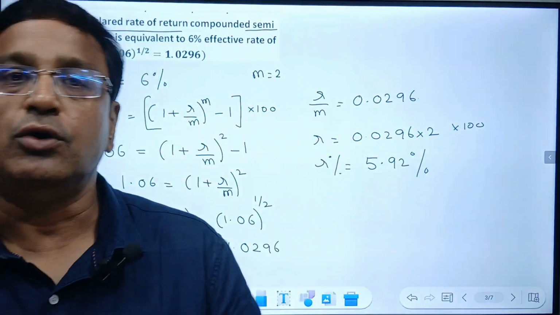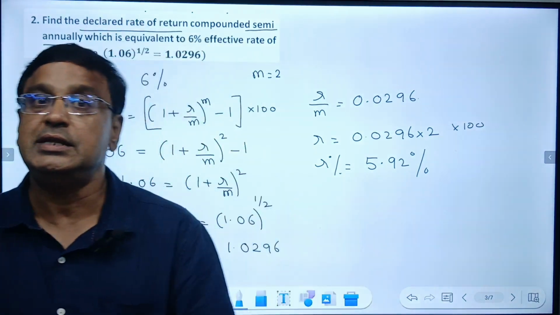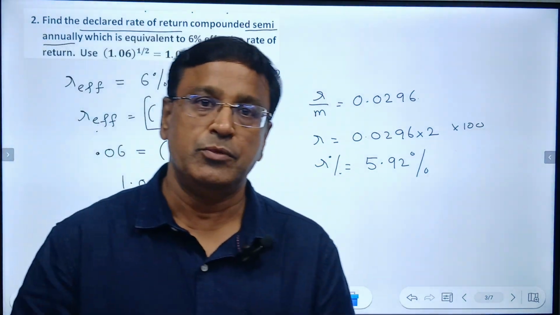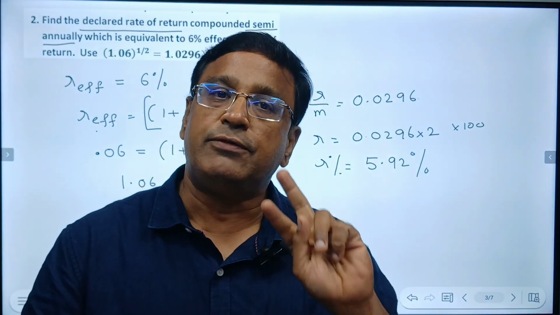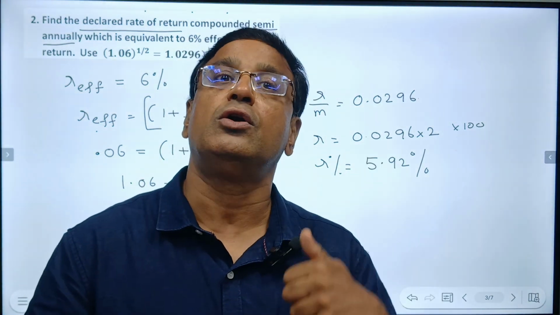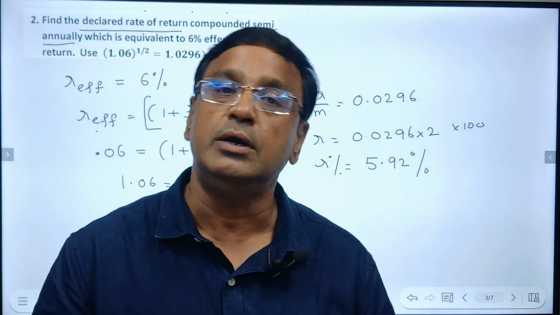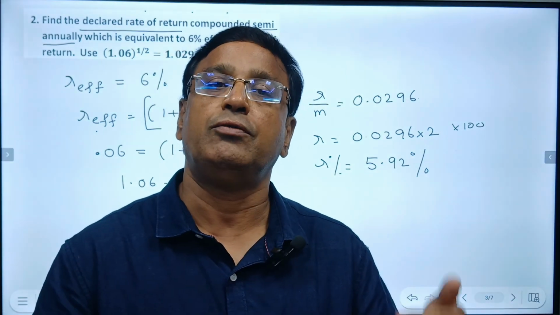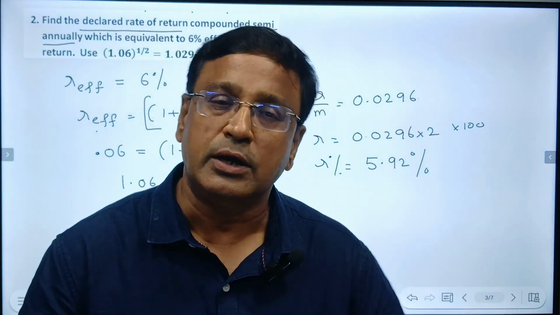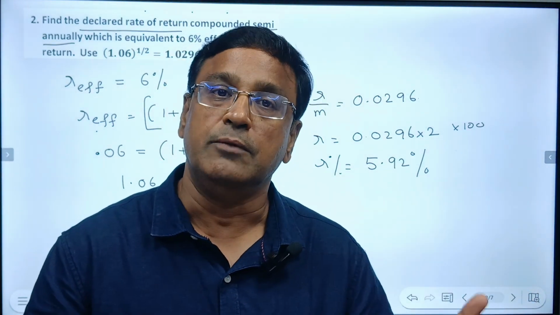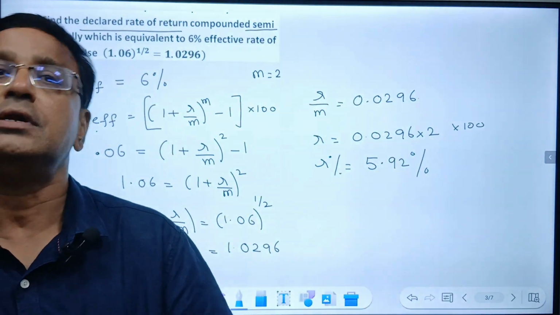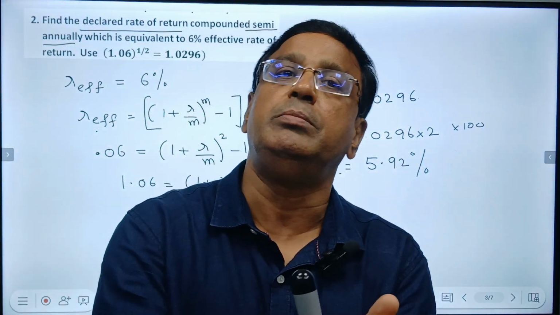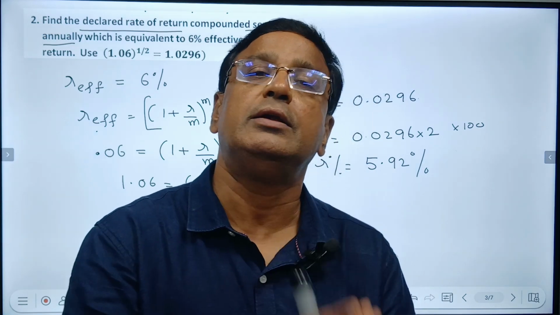Definitely your nominal rate of interest will be less than the effective rate of interest, because nominal rate is paid once a year, whereas effective rate is compounded many times in a year, if you pay it quarterly, semi-annually or monthly. Suppose if you are paying only once, nominal rate of interest and effective rate of interest will be one and the same.